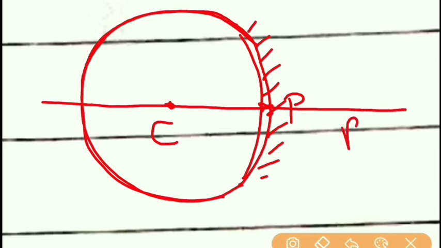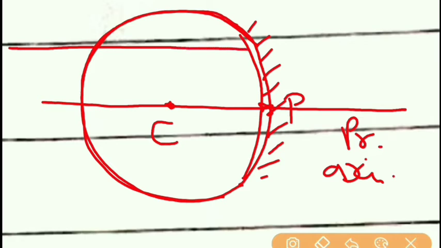Let this be the pole P, and this line which passes through the pole and center is called the principal axis. Now students, when a parallel ray is incident on this reflecting surface, it passes through a point on the principal axis which is called the focus or focal point of this concave mirror.